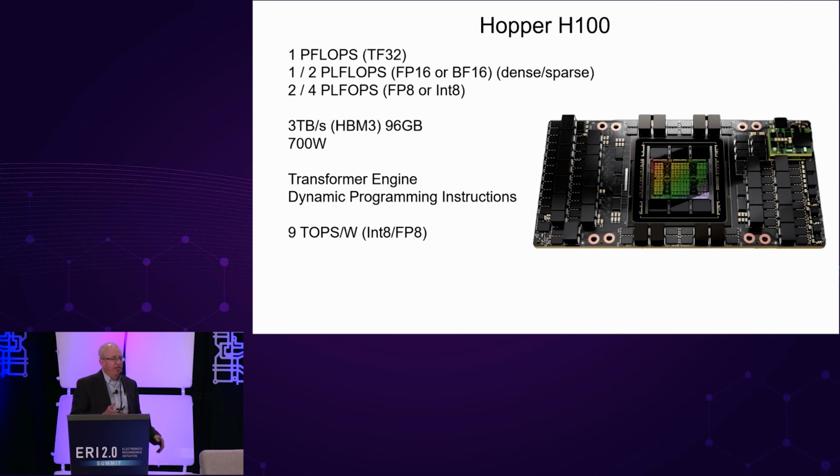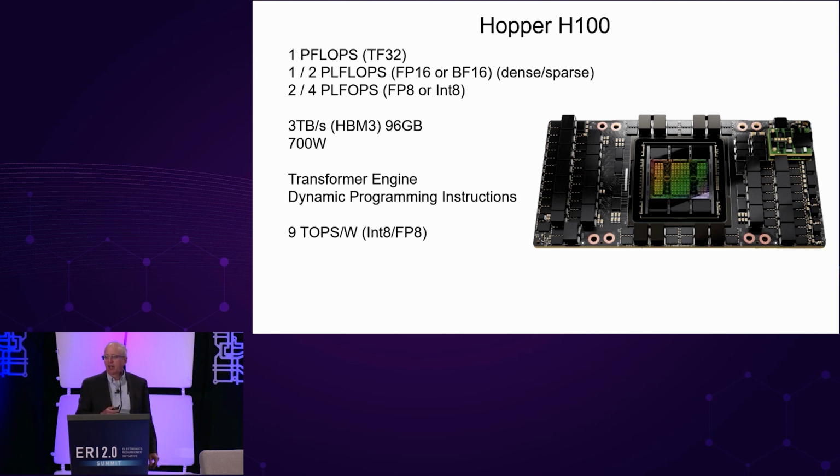And then there are a couple neat features in here. One is something we call transformer engine, which is a special feature put in to accelerate these large language models that scan over the matrices before an operation and determine whether FP8 is sufficient or whether we need to use FP16 accuracy. And then also for accelerating things like bioinformatics, because as much as deep learning is taking over the world, there are other applications.